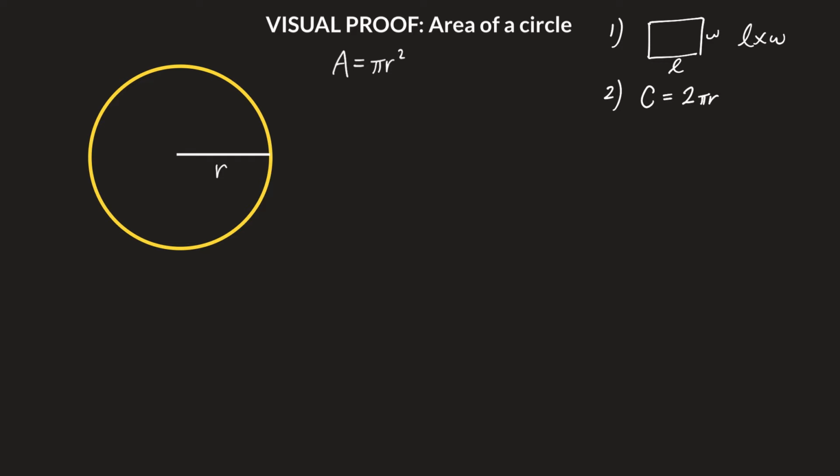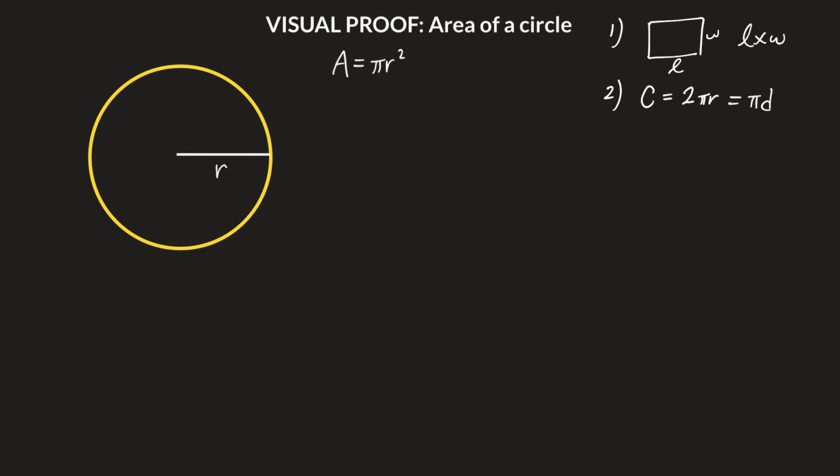Now, some of you might be wondering, well, why is the circumference of a circle 2 pi r? Well, 2 pi r is the same as pi d, where d is the diameter. 2r is equal to d because twice the radius is the length of the diameter, right?